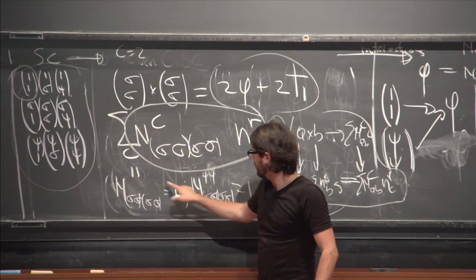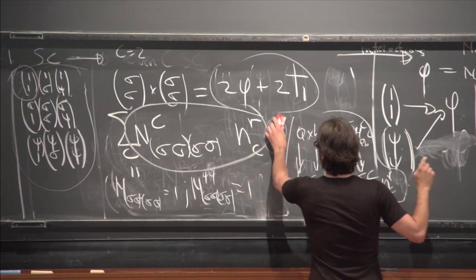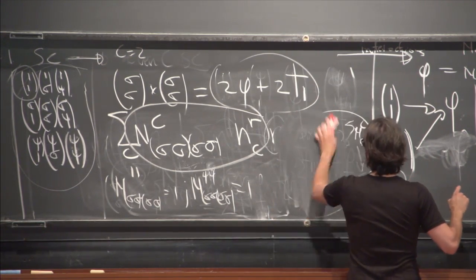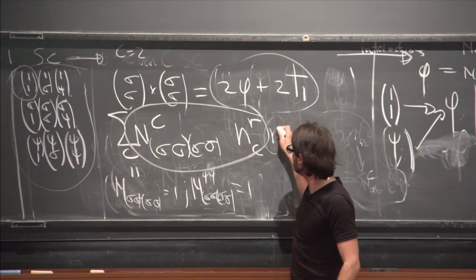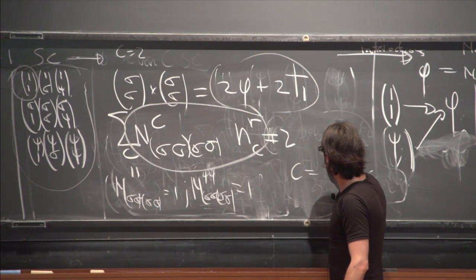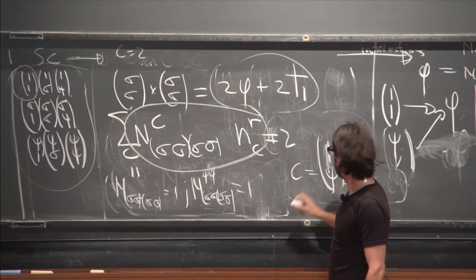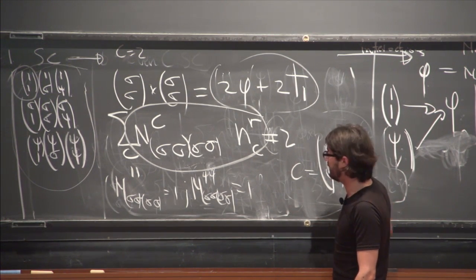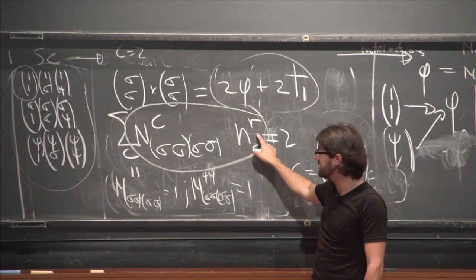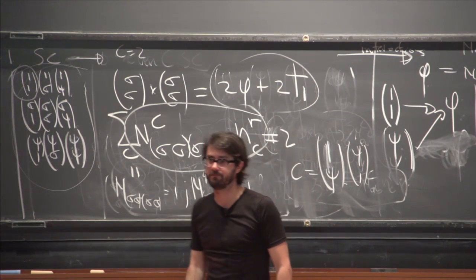Both of these are equal to 1. Now, they're both identified in the new theory, so this number is 2. If I pick C to be 1 psi and psi 1, which are identified in the new theory, then this number would also be equal to 2. These two just tell you these numbers.